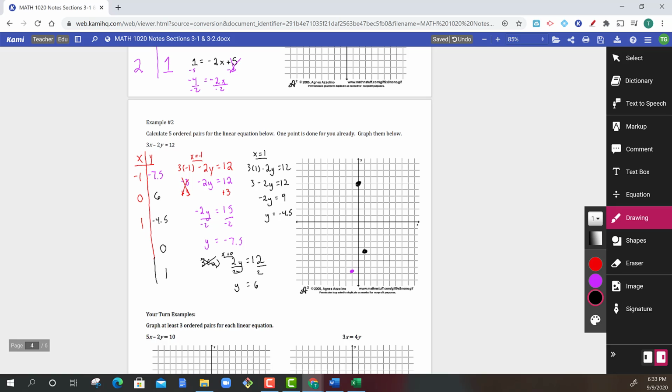That wasn't a positive 2y. It's a minus 2y. So I should be dividing both sides by -2, which would give me the point 0, -6. And now when we graph the point 0, -6, we get a nice diagonal line there.